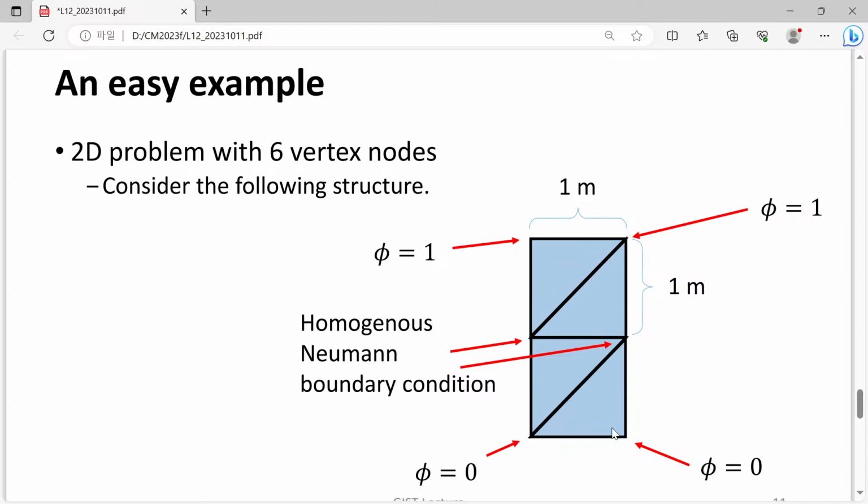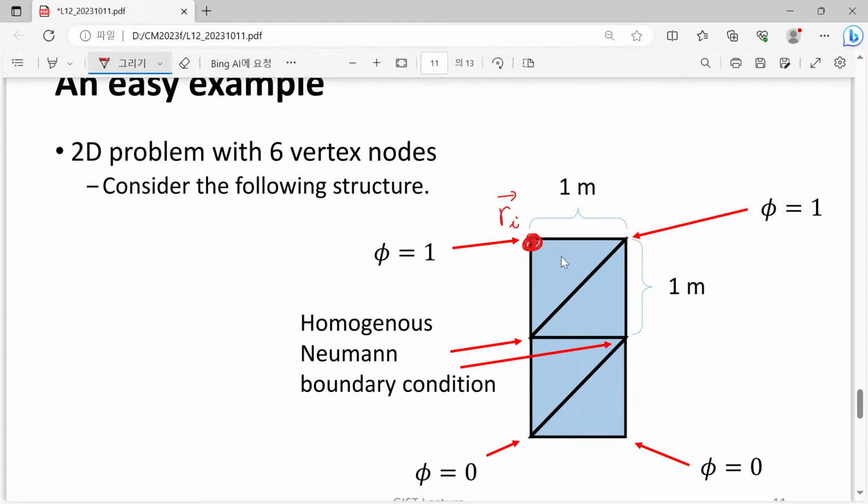Please try to answer. Let's consider Ri located here. Then please try to find your box. What is your box? If you say, okay, this triangle is my box, then you are missing the point.